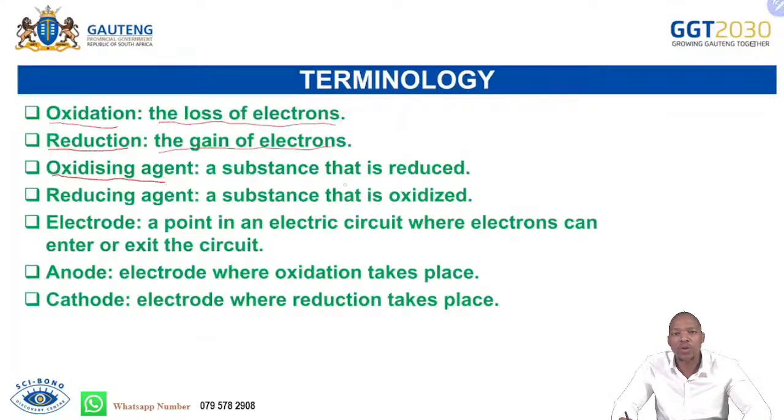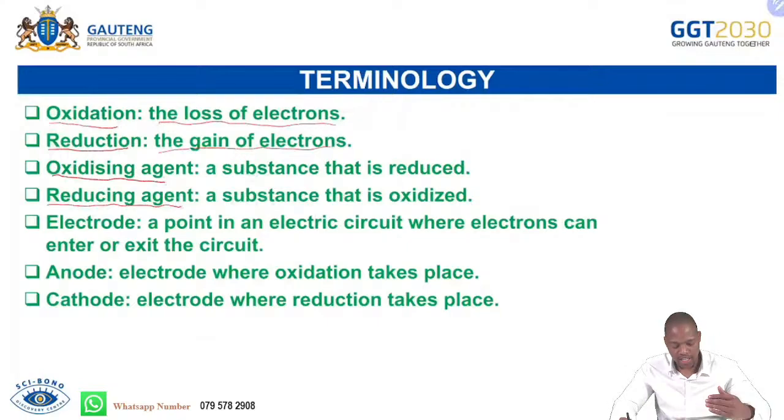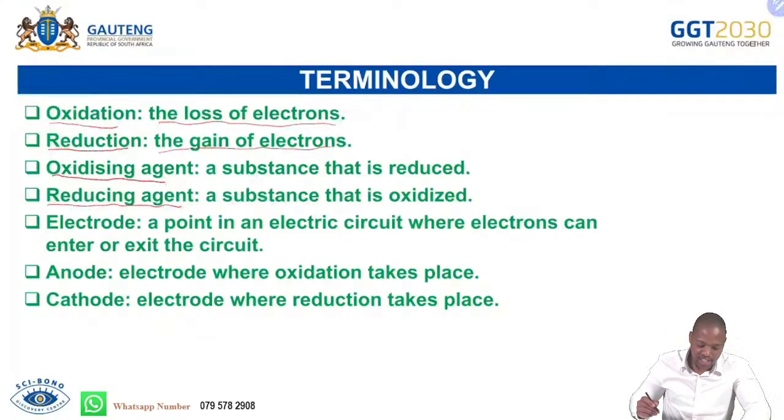That's another way you can define it. A reducing agent is a substance that is oxidized, or you can define it as a substance that undergoes oxidation. It's a reducing agent because it cannot oxidize itself.